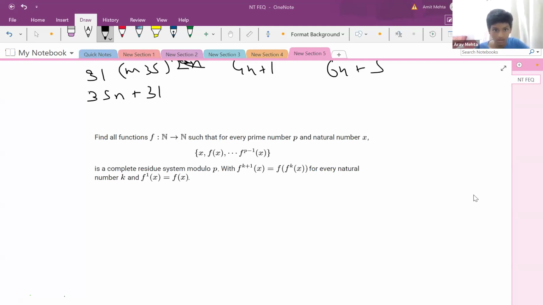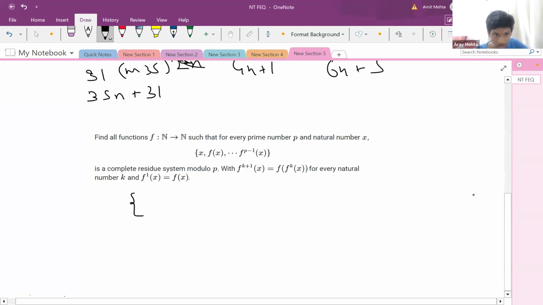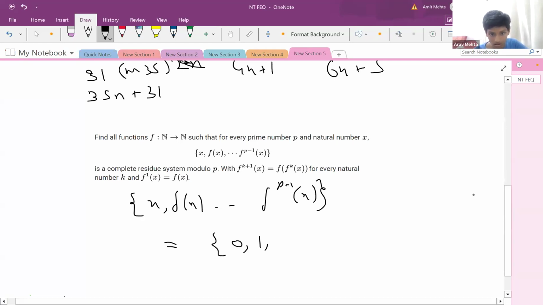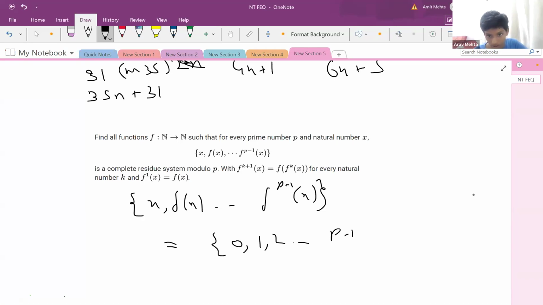Yeah, so basically, a complete residue system modulo p just means that x comma f of x, these elements leave the remainders 0, 1, 2, up to p minus 1 when divided by p.